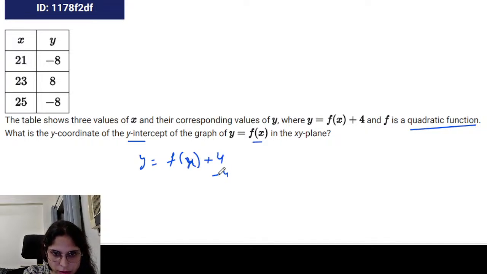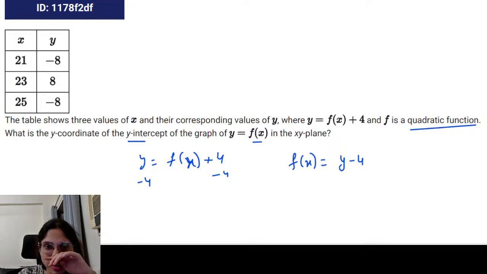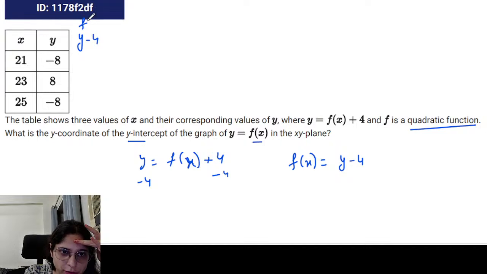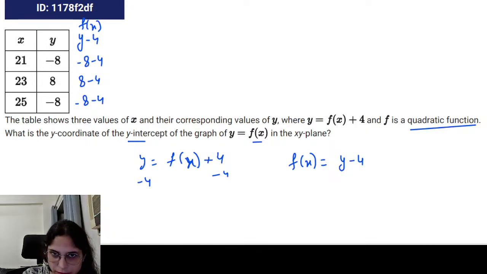So from here, f of x is going to be y minus 4. So you have to go 4 down. So here you can find the value of y minus 4, that is going to be f of x. That's method 1.